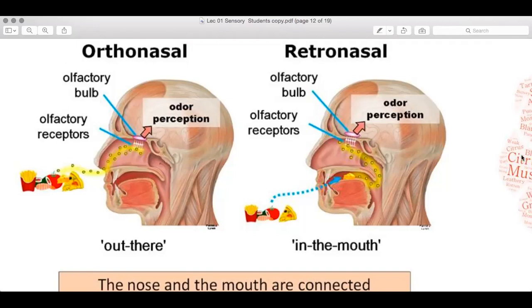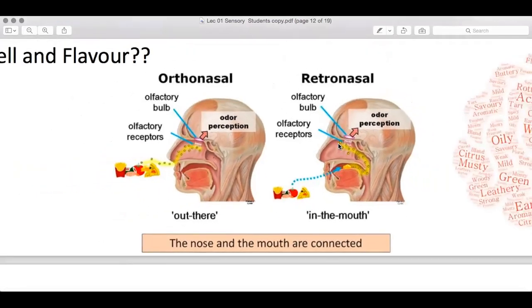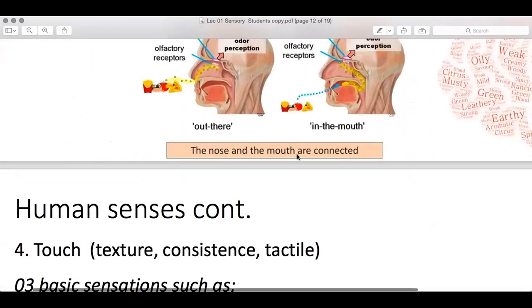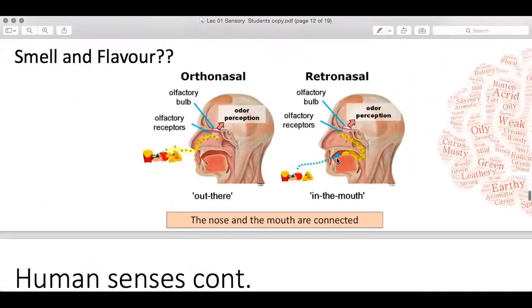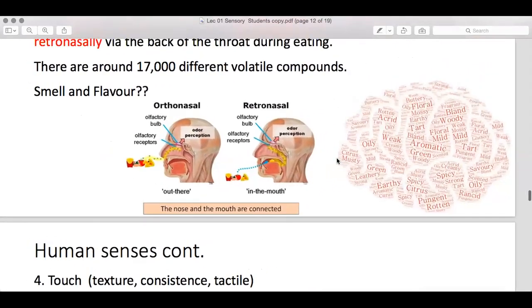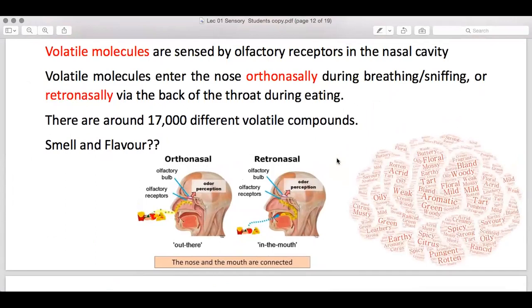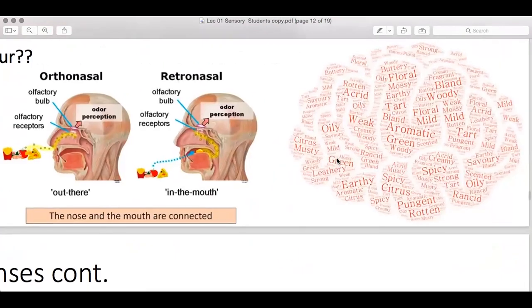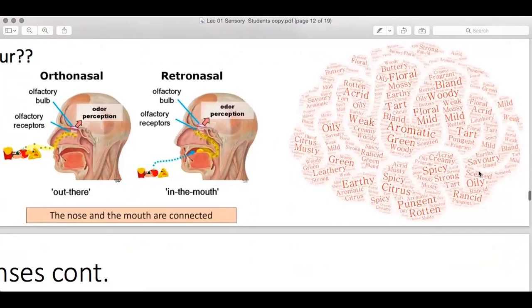So the paths are different, right? You had better understand that. That's why we say the nose and the mouth are interconnected. That is the reason behind that.